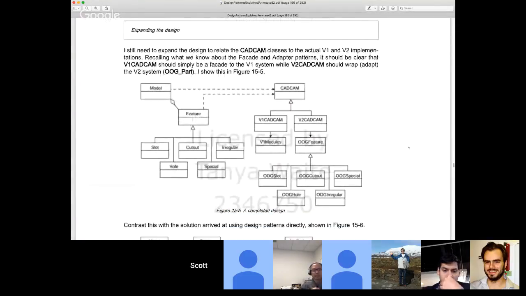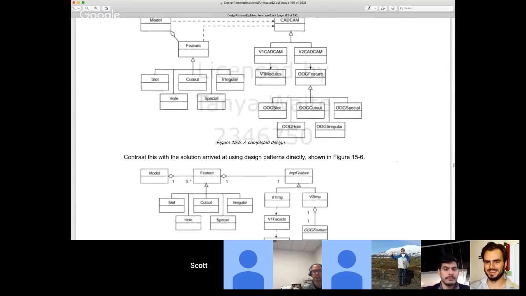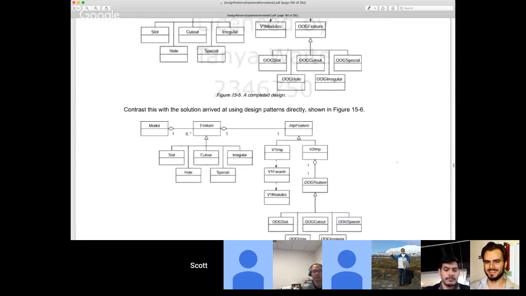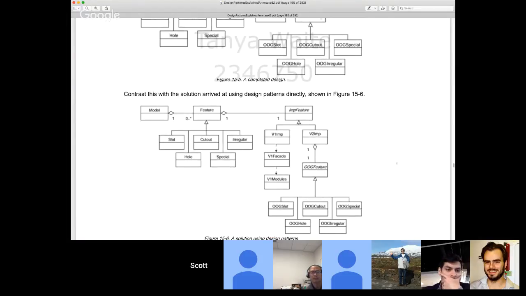And if he does that, then he still needs to expand the design to figure out how he's going to make a common CAD/CAM top-level class relate to the others. So he's developing that. And that's what he comes up with as compared to using the design patterns directly. And I noticed that they're very, very close to each other.